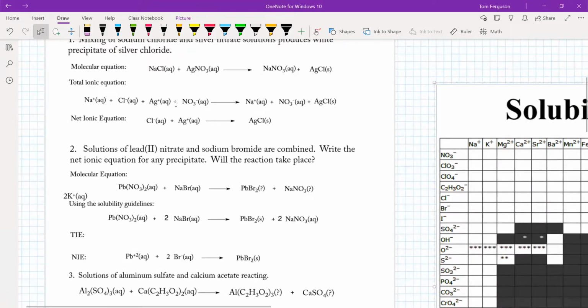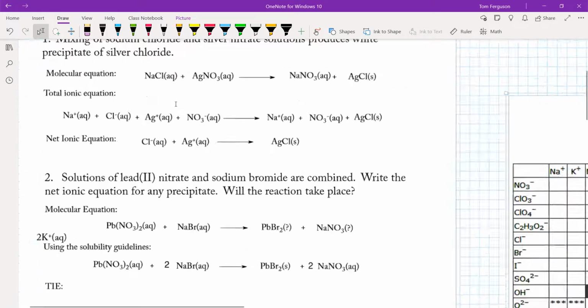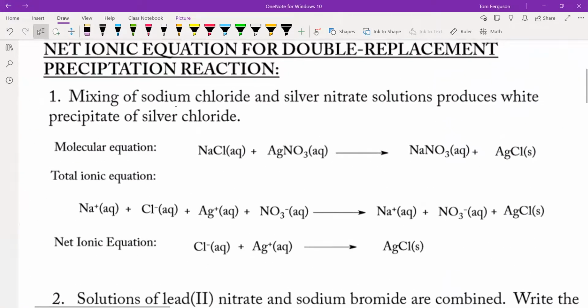Just a quick review on a double replacement reaction. Double replacement reactions are when we have two ionic solutions, and you know that from the AQ, are mixed together, we end up swapping the anions.